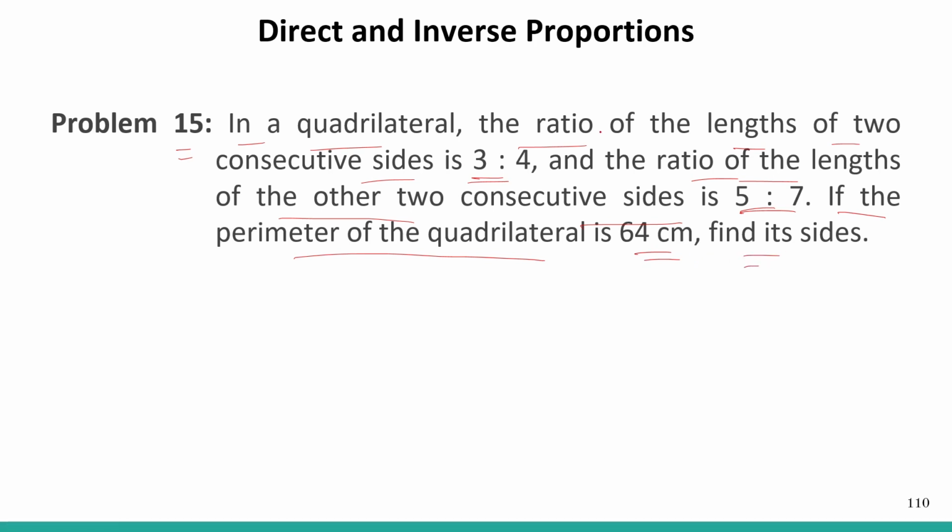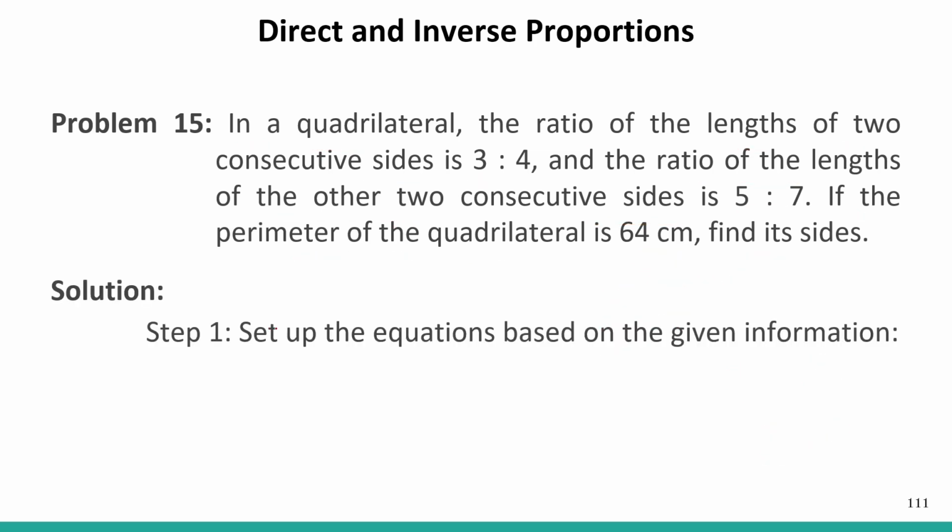Let's say you have a quadrilateral here, A, B, C and D. So AB by BC is equal to 3:4, which is given, and the ratio of the lengths of the other two consecutive sides, CD by AD, is equal to 5/7, given here. So if the perimeter of the quadrilateral is 64 centimeters, then find its sides.